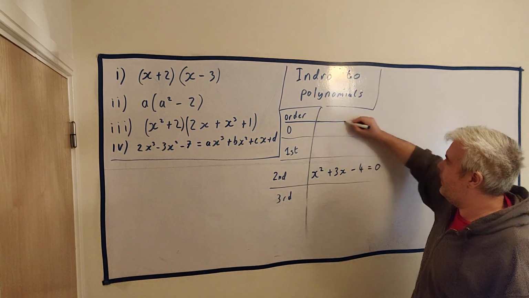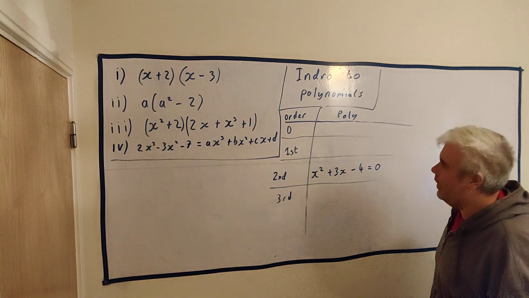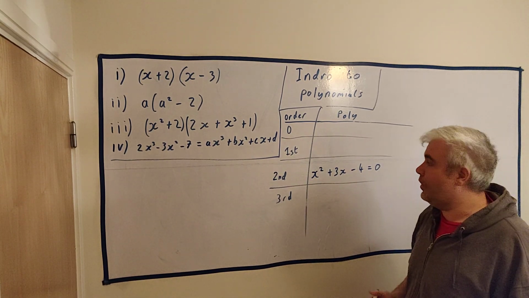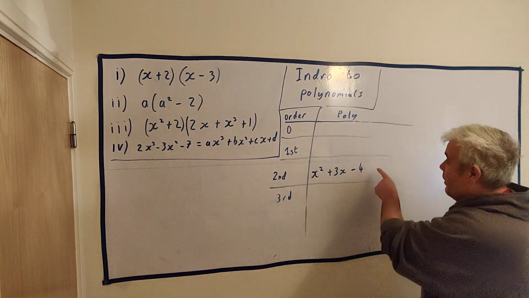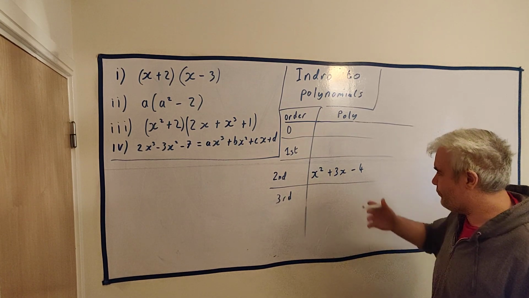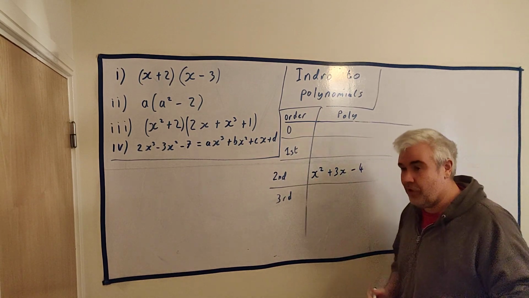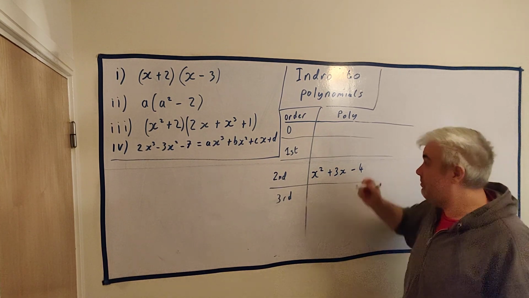We'll write polynomial here. So a zero-order polynomial is basically an equation, or doesn't have to be an equation, doesn't have to have an equals. It could just be a group of terms. A zero-order polynomial is just a number, 7.